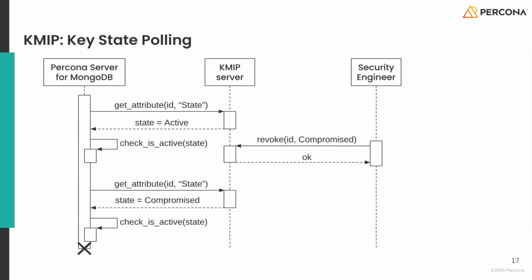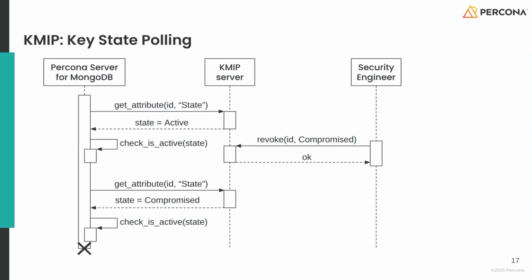So in case of a security accident, a security engineer just needs to revoke the key on the KMIP server, and his job basically ends here. Percona Server for MongoDB will soon notice, and as soon as it determines that the key is in any state except active, it terminates with an extensive log.